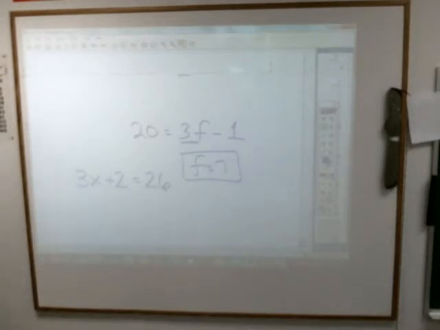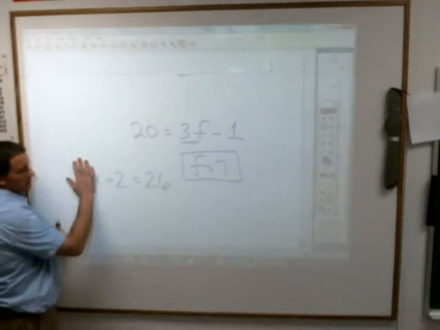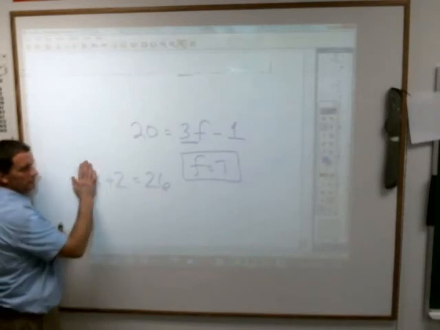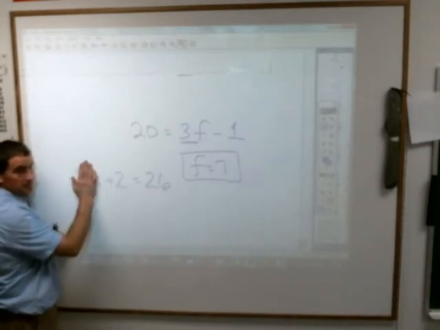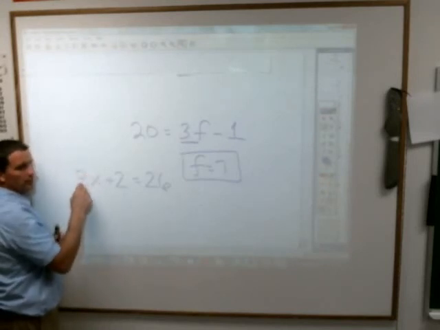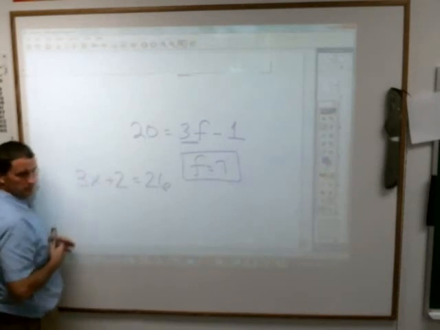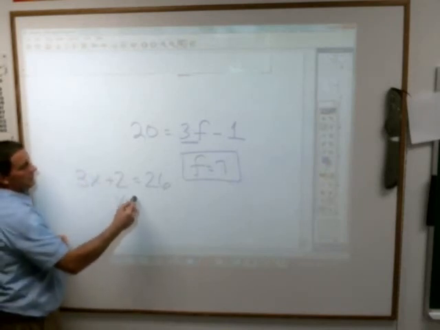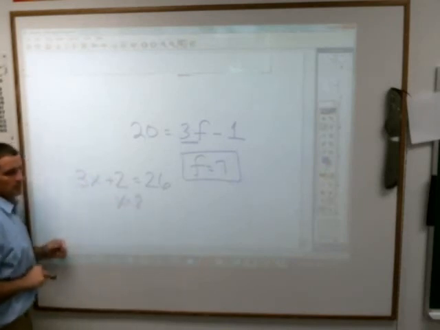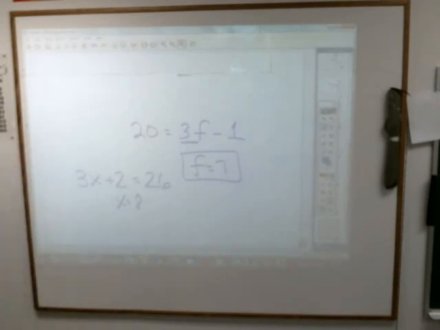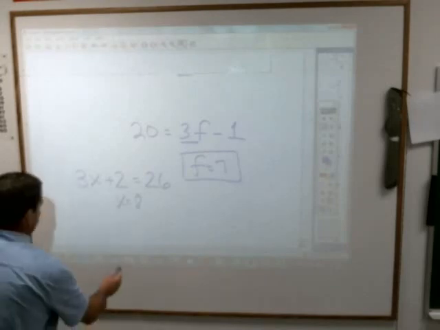What number, when you add 2 to it, gives you 26? Gary? 24. So this has to be 24. 3 times what number gives you 24? So x would have to be equal to 8. Take it one step at a time. Do that there. And then one more piece of notepaper.